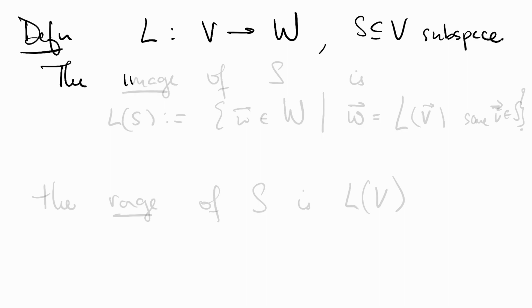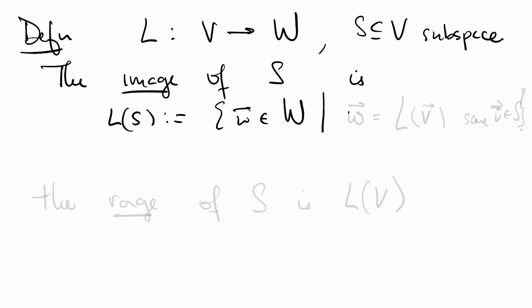Then we say the image of S under this linear transformation, denoted L(S), is defined to be all the vectors w in the vector space W such that w is L applied to some vector in S. It's all the things hit by vectors in S using the linear transformation.